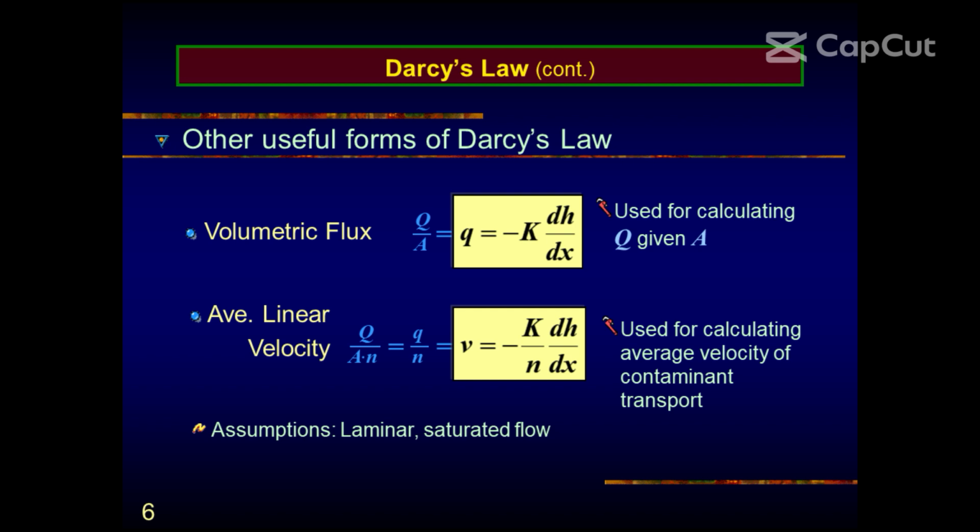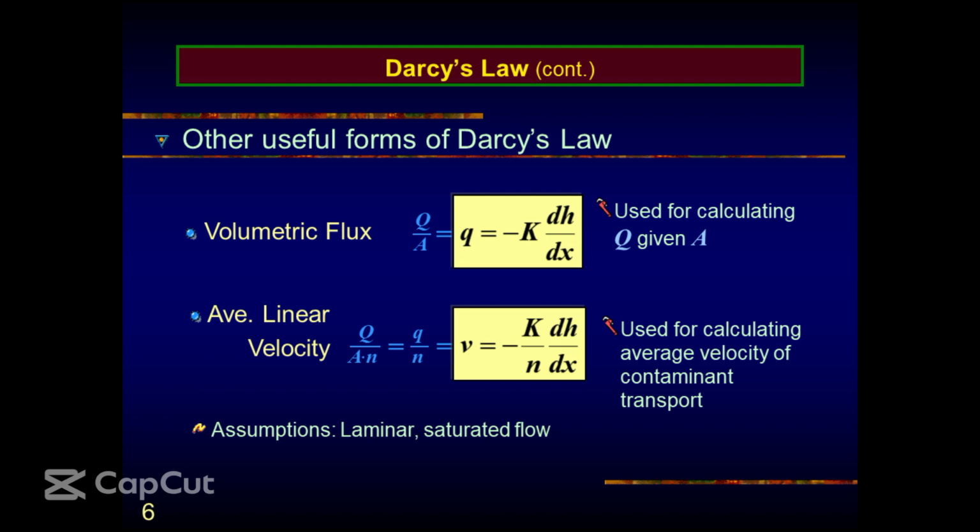So now we have related A and Q, isn't it? And we have seen that we need some modification for the area, because the total area is not actually the total area available for flow.